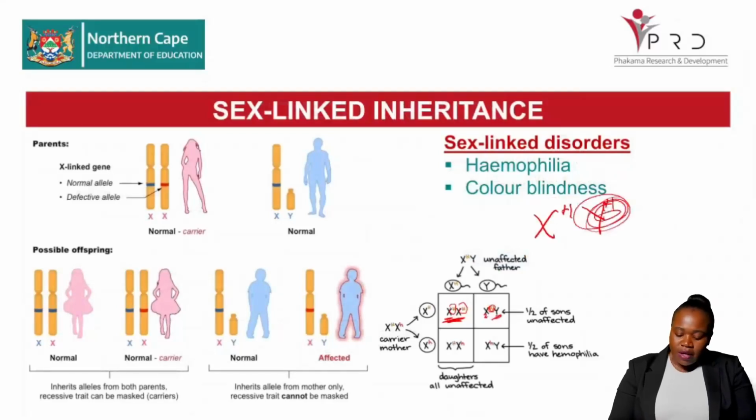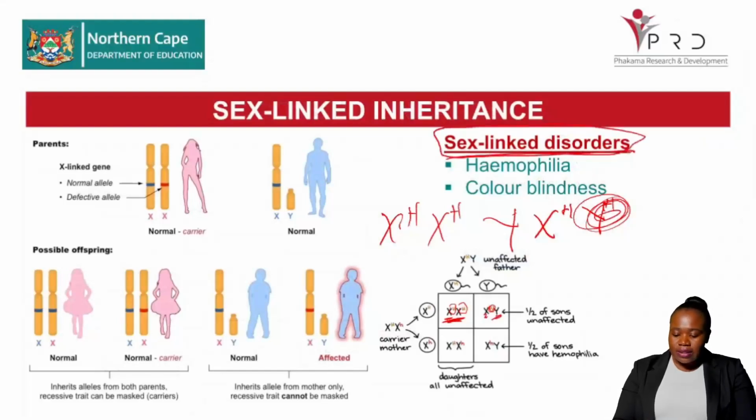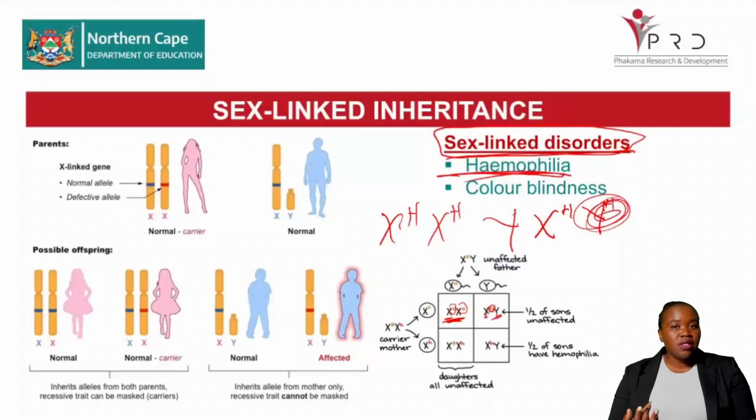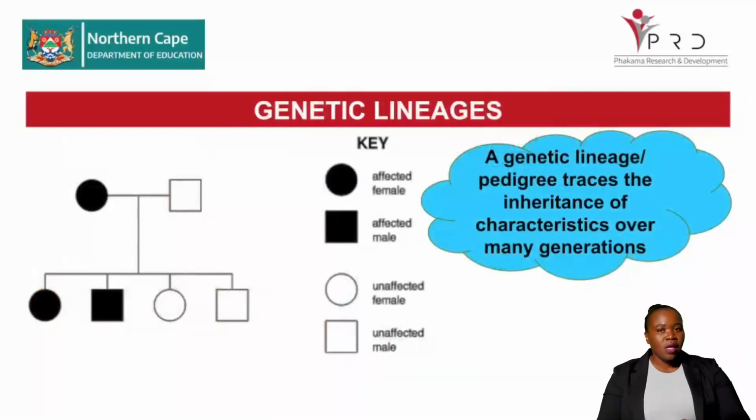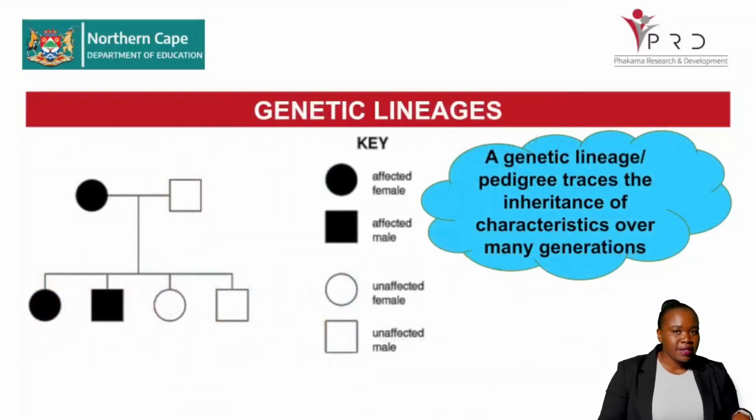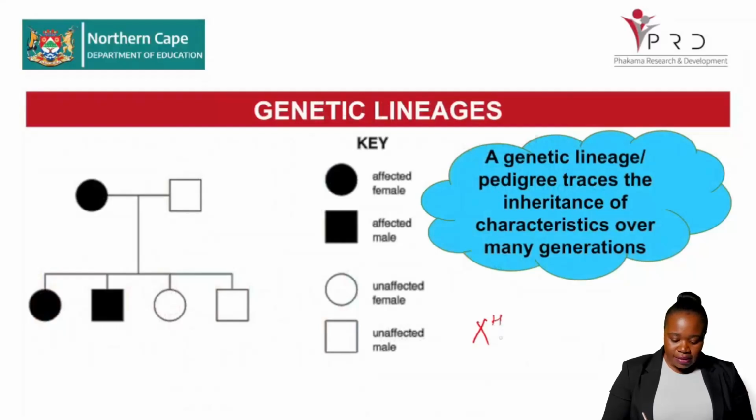The Y does not have the H. It is X^H, Y. But for females, it is X^H, X^H. Right. Okay. These sex-linked disorders or characteristics will then be seen in hemophilia and color blindness. So when you are asked a question on both color blindness and hemophilia, you know that it is a sex-linked characteristic. Therefore, you are going to use X to do your crosses.